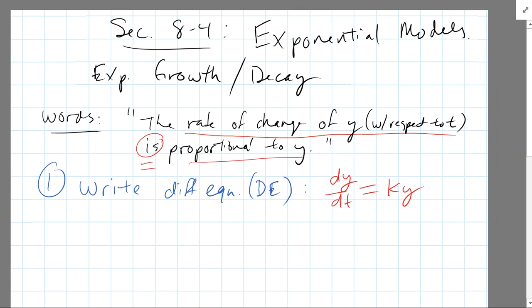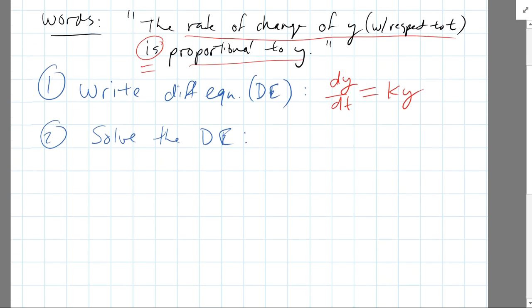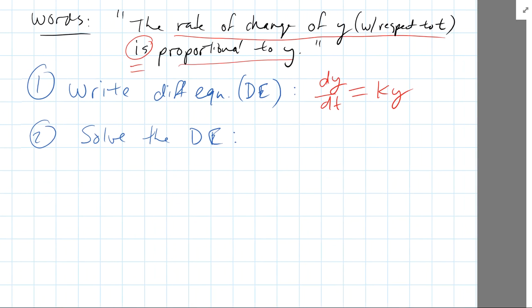So that's your first step. Guess what your second step is? Solve the differential equation. To solve it, do we have to separate the variables and integrate both sides? When I separate the variables, I end up with 1 over y dy equals k dt. Is there any t on the right-hand side?